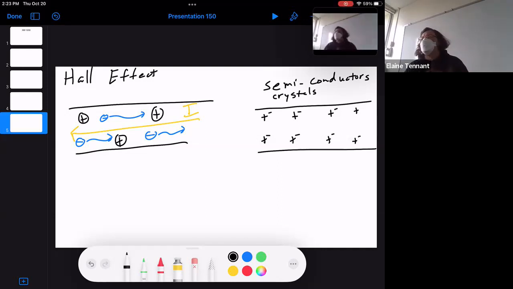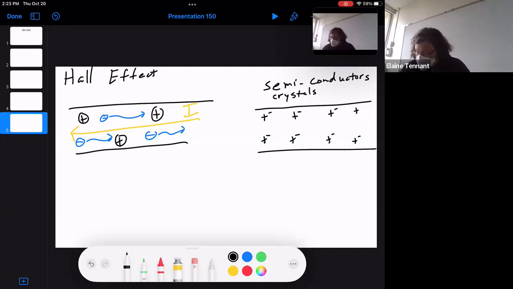What you do with a semiconductor is you dope it, which means that you add or take away charge. For this one, if you notice, I have one positive charge without a negative charge. So it's been doped, so I've got that negative charge out.